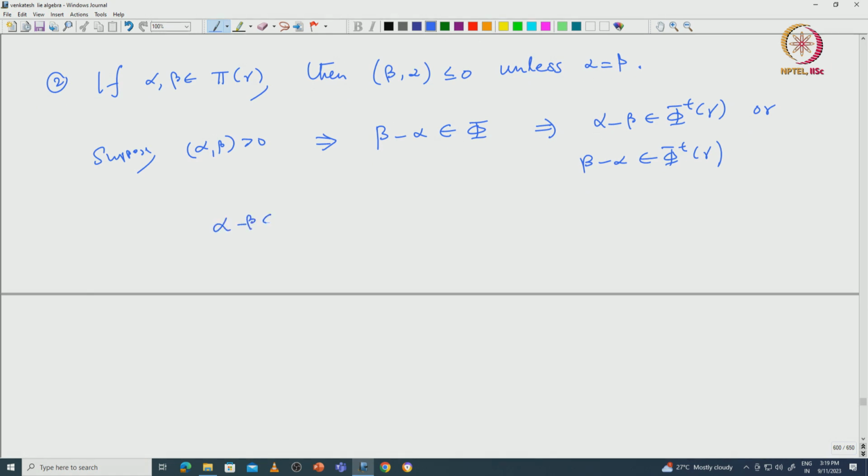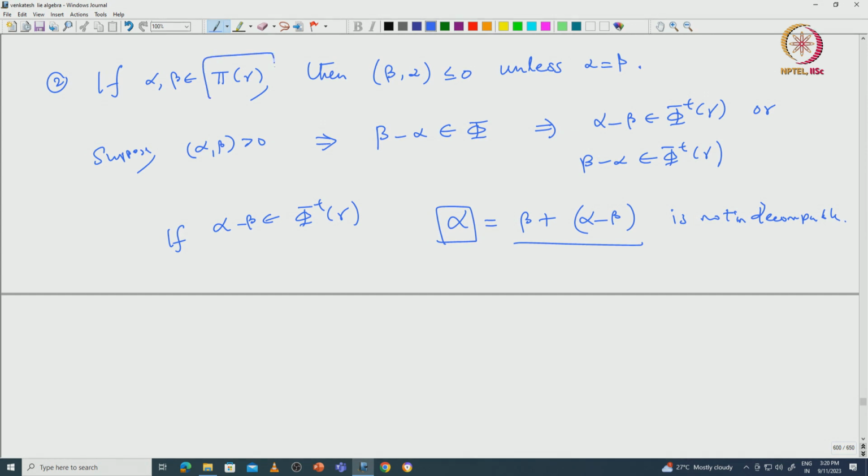Suppose alpha minus beta is in phi plus of gamma. Then you can write alpha equal to beta plus alpha minus beta. That means you could write alpha as a combination of two elements coming from phi plus of gamma. So, that forces alpha to be not indecomposable, which is a contradiction because it must be indecomposable by the definition of pi of gamma.